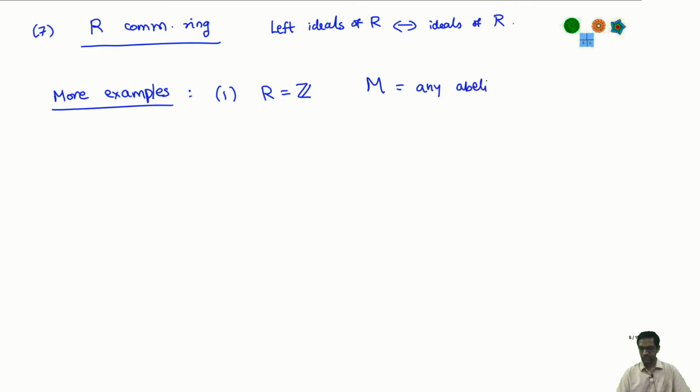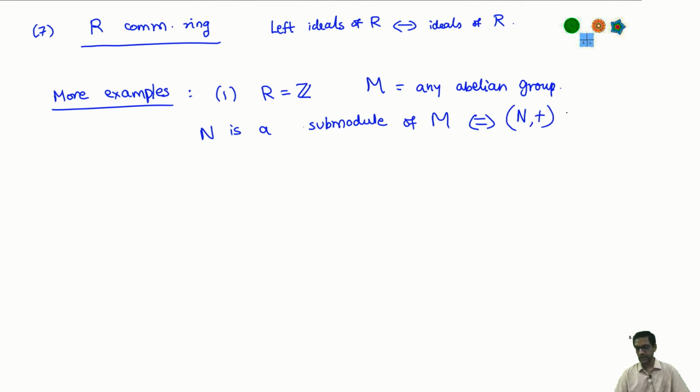Okay, so that's a Z-module, and in this case it's easy to show, and I will leave that as an exercise, that N is a submodule. So we already said the ring is Z. N being a submodule of M is actually the same as saying it's a subgroup. There is no additional condition here. N+ is a subgroup of M+.